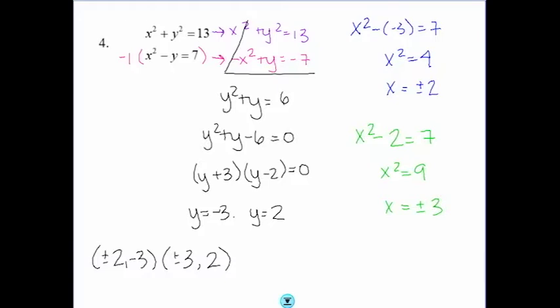So I'm only writing this as two ordered pairs, but really this is 4 points. You have 2, negative 3, negative 2, negative 3, 3, 2, and negative 3, 2. So if we graphed this, the circle and the parabola would cross at these 4 points.